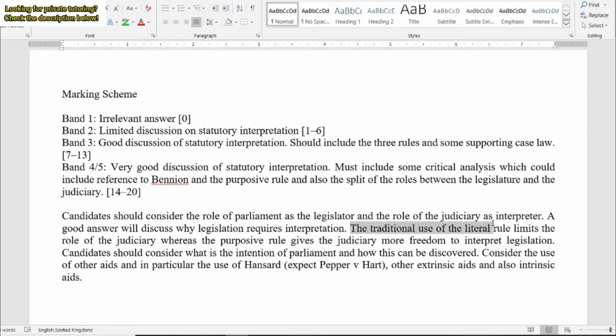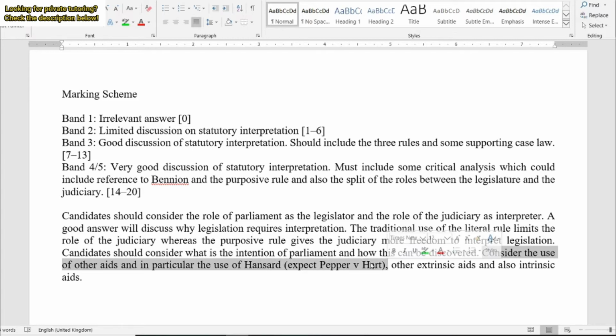The traditional use of the literal rule limits the role of the judiciary, whereas the purposive rule gives the judiciary more freedom to interpret legislation. Then candidates should consider what is the intention of parliament and how this can be discovered. Consider the use of other aids, and in particular the use of Hansard.